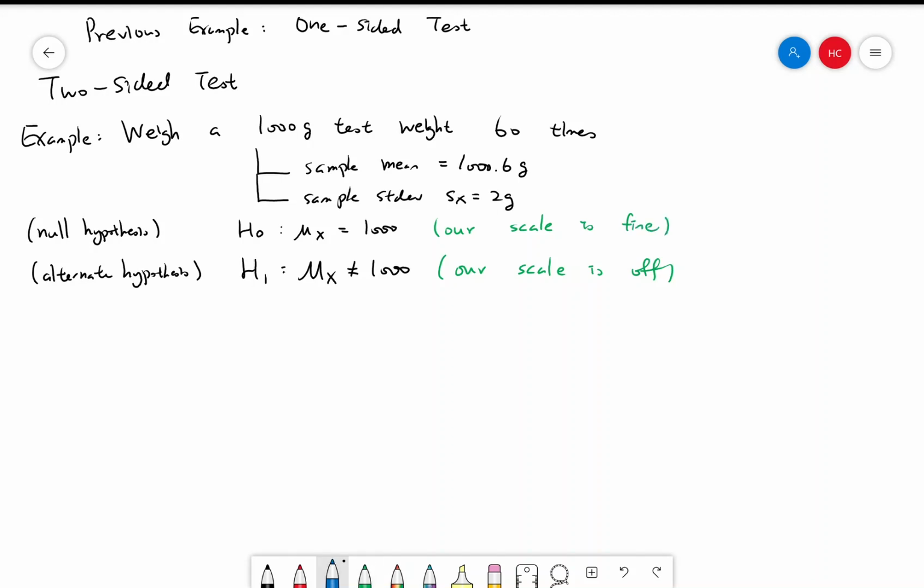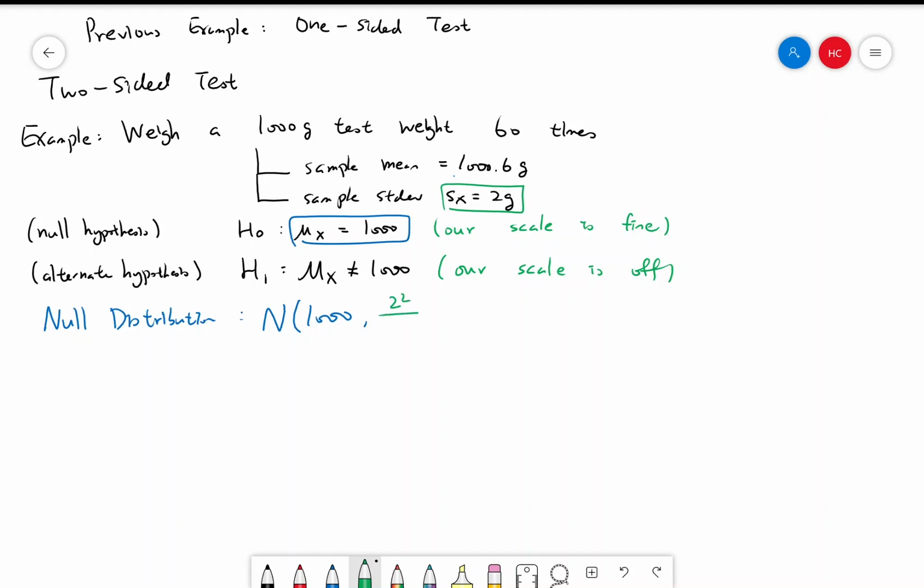So same thing, we are going to first create a null distribution. We have a large sample size, so we can use the central limit theorem. So the null distribution is the normal distribution with mean being 1,000 and variance being the sample variance divided by the sample size, which is 60.